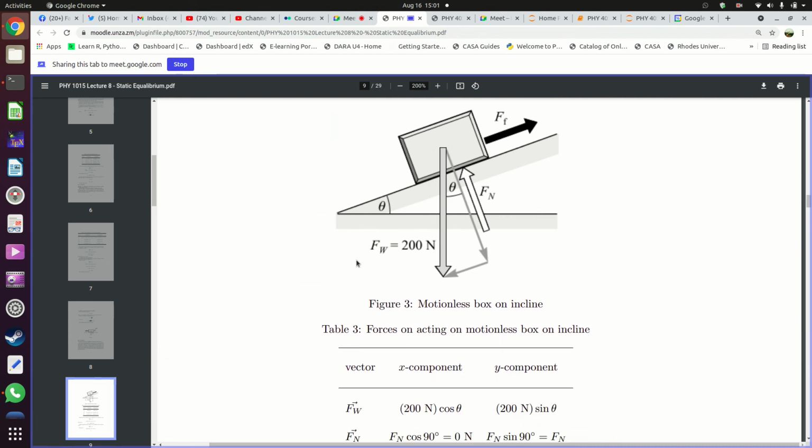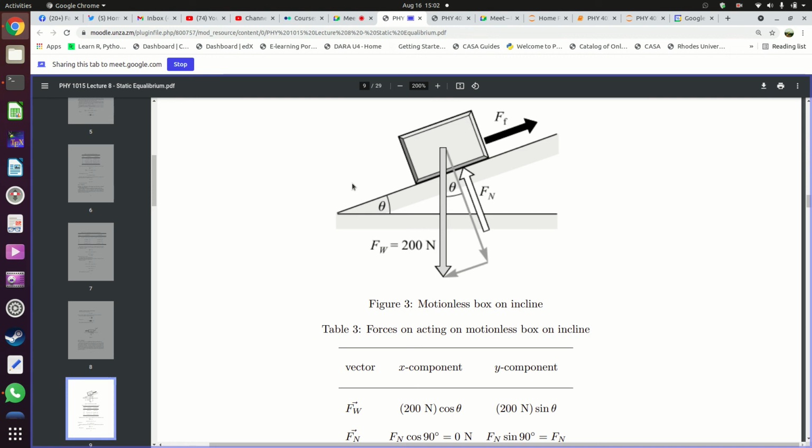We're going to use the fact that we can split the weight into components. We're going to choose this box. When it slides, it will most likely slide in this direction, so we choose this direction to be our positive X direction.